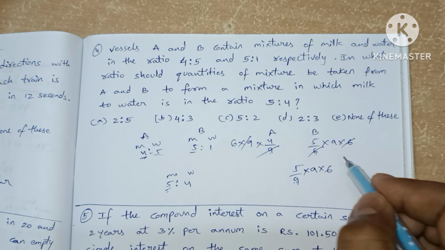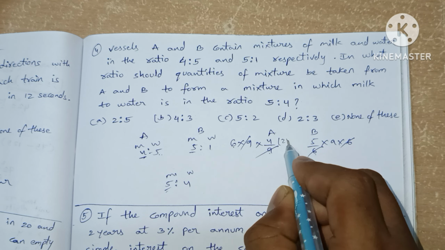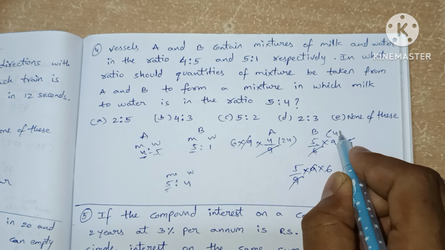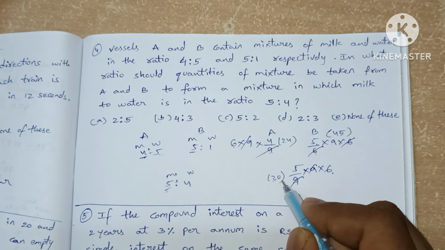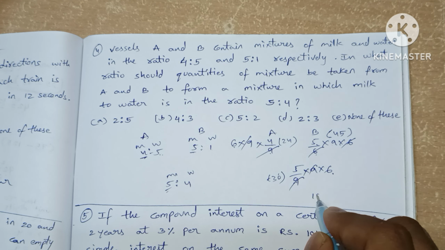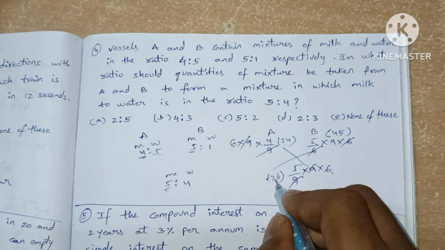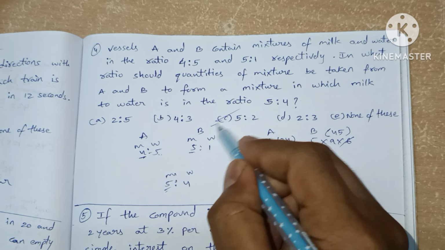Cancel, cancel, cancel. We get 24, this is 45, and this will be 30. So here the difference is 15 and 6. The ratio will be 5 is to 2. Option C.